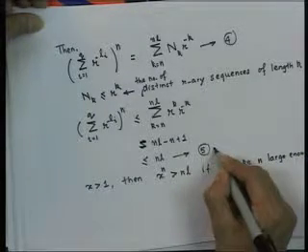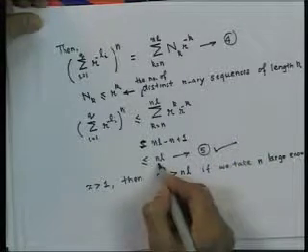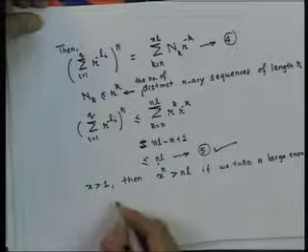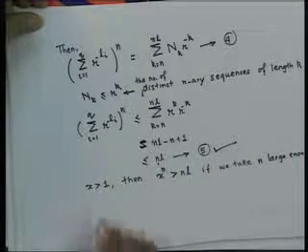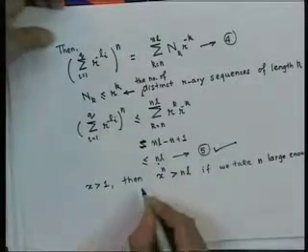In our case, equation 5 holds for any integer n. So, what it implies is that x should be less than or equal to 1, and in our case x is nothing but this quantity out here.